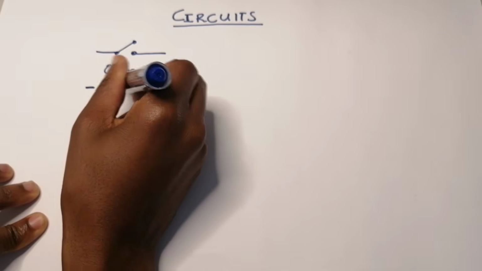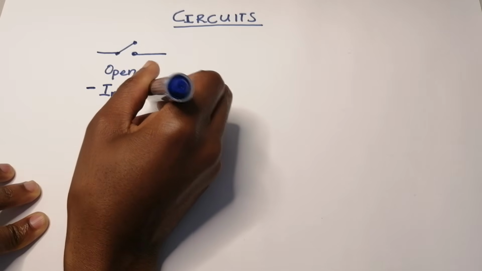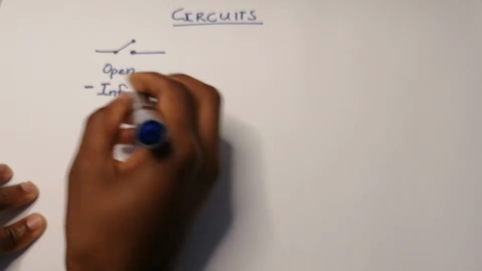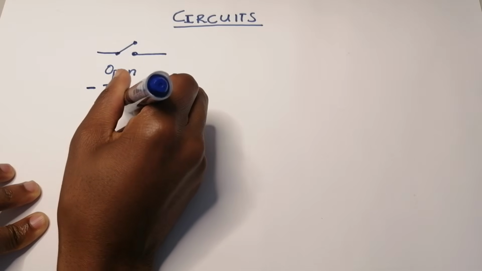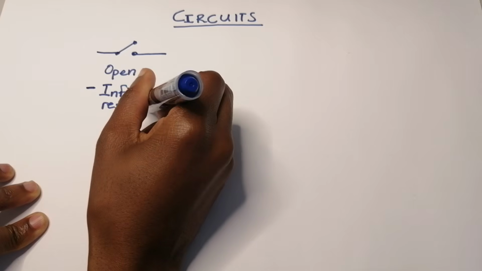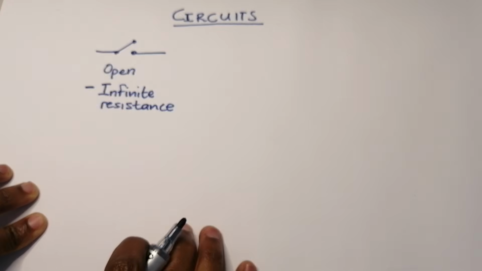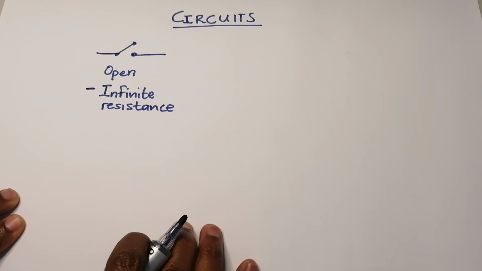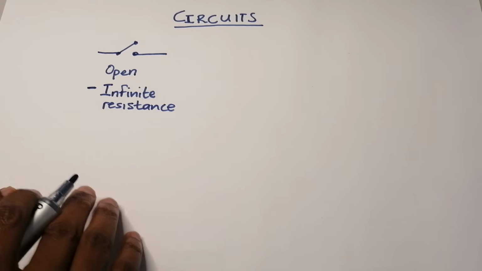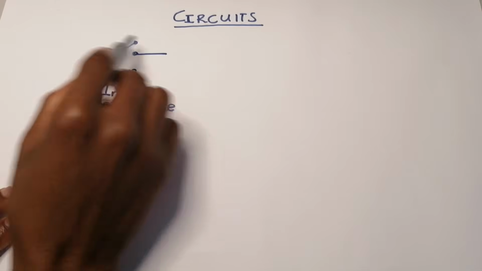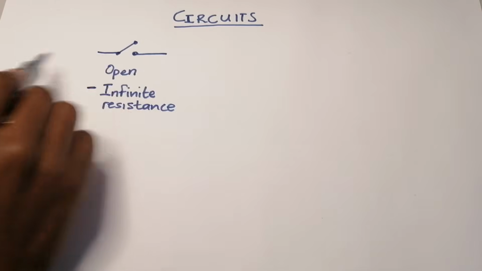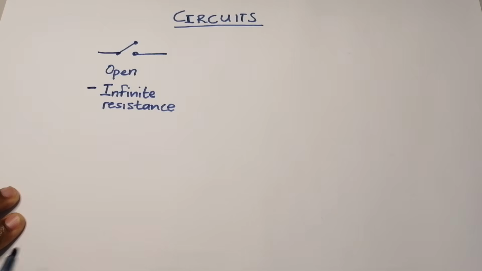So when you've got an open switch, you've got infinite resistance, and because you've got such a big resistance, it disallows current from flowing. So that is why in an open switch, current won't be able to flow.